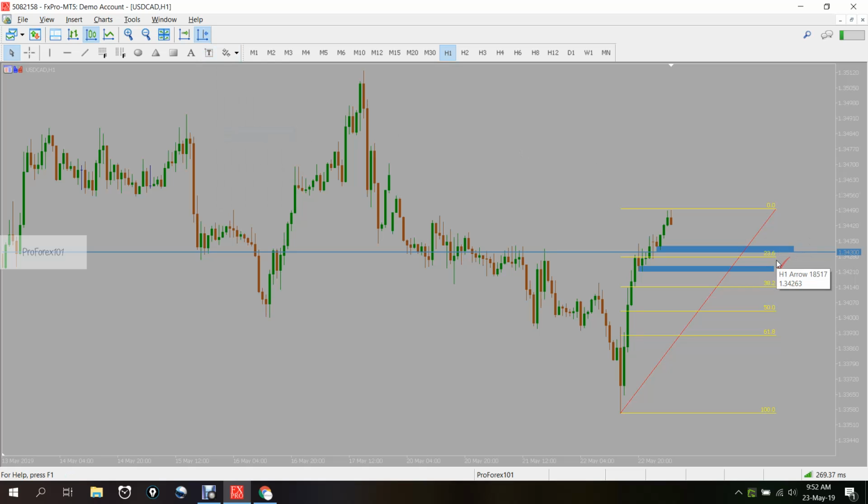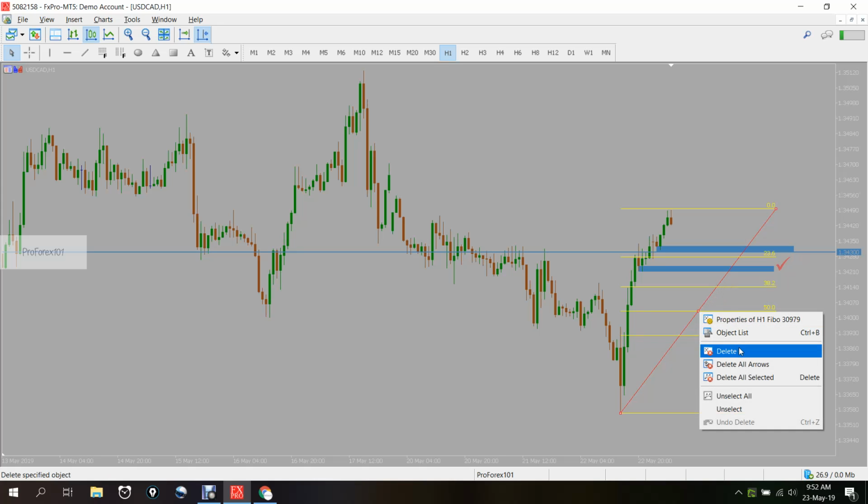This 23% area is between my demands and also very close to my support resistance area. There are a lot of ways to look at the area that you want the market to retrace to. You can use your fibs, supply and demand, or support resistance. I like to combine everything. So, the 23% area.